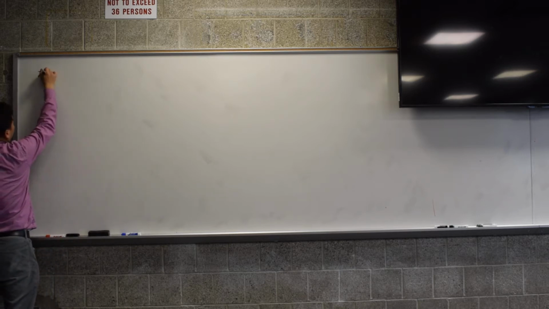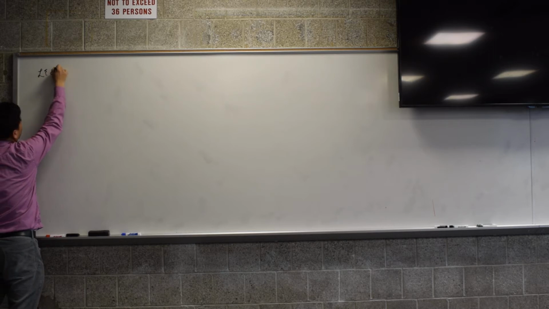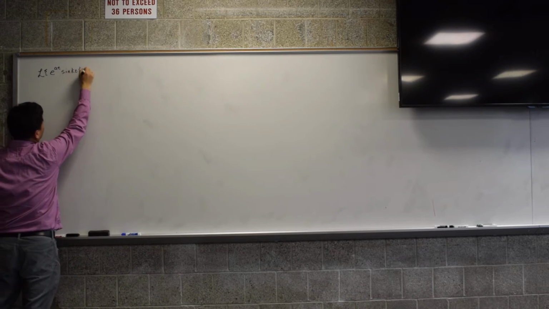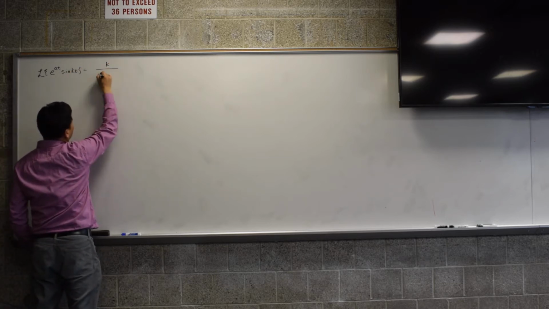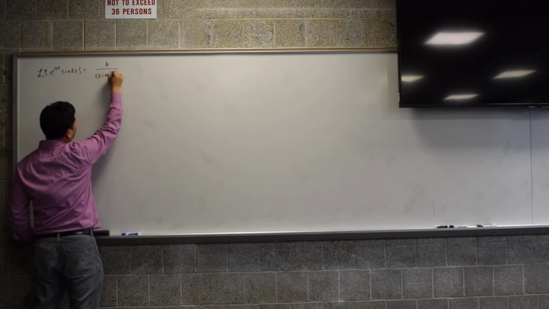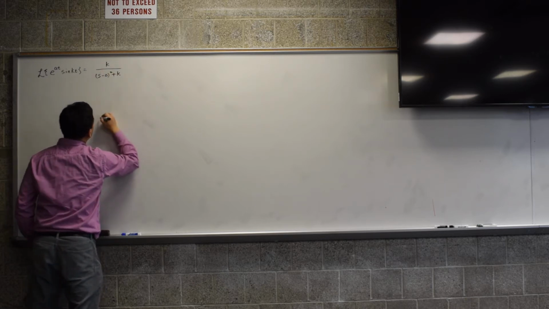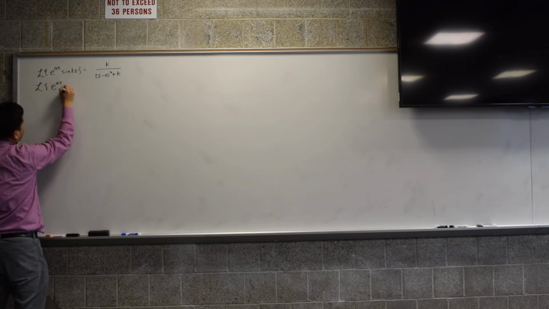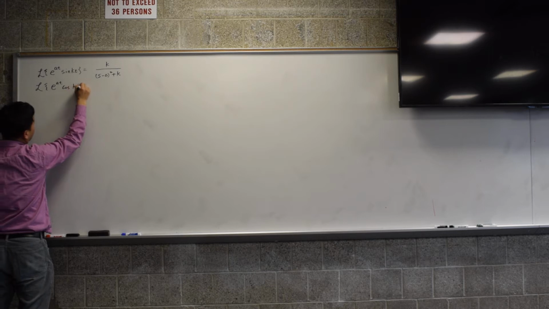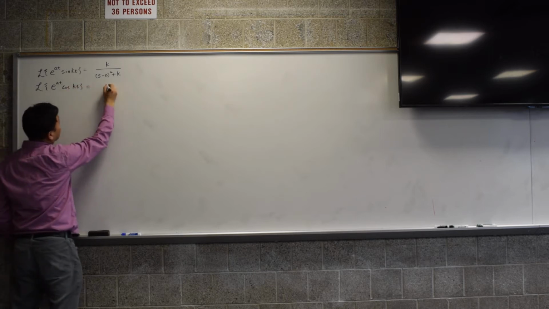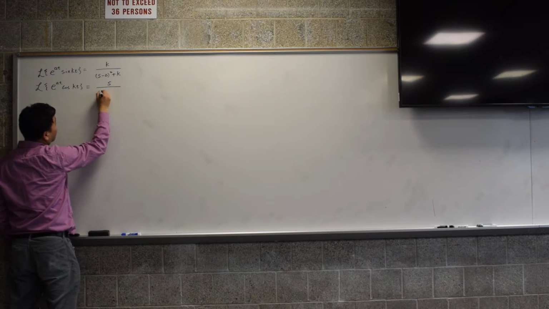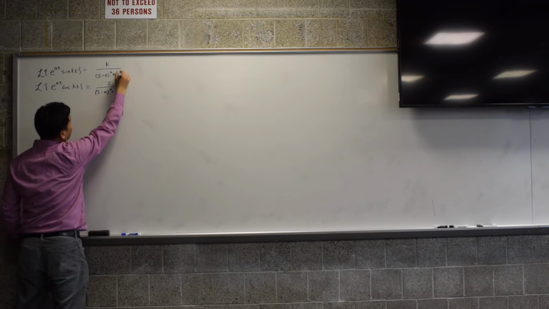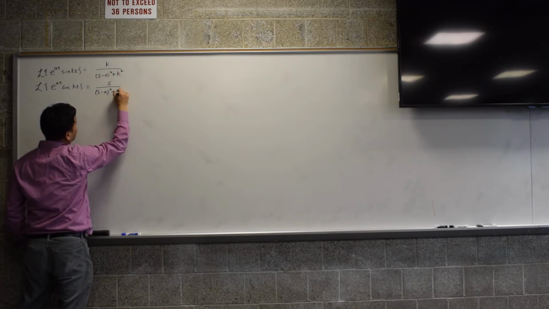Now, we've learned that the Laplace transform of e to the at sine kt is k over (s minus a) squared plus k squared. And the Laplace transform of e to the at cosine kt is s minus a over (s minus a) squared plus k squared.